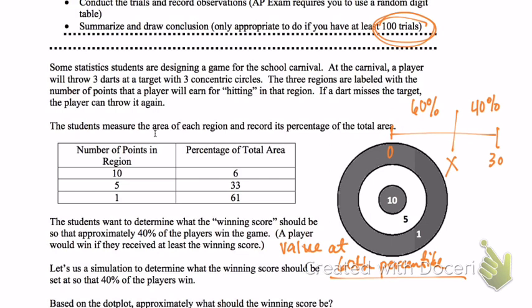We will never ourselves carry out 100 trials. An AP test would only make you do 3 or something like that. But if you see this on a multiple choice question and you see a simulation, it's important to know that it's only valid if you have 100 trials.